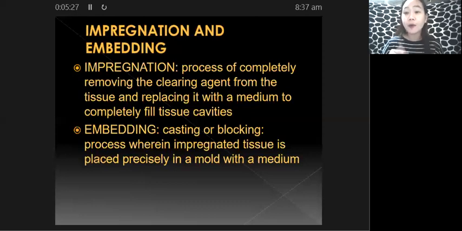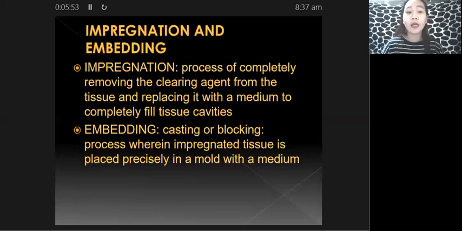Another purpose is to fill the cavities, the spaces, and the interstices which are present in your tissue sample. And another important purpose of impregnation is to render firm consistency to your tissue sample.